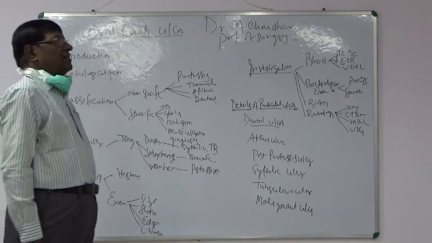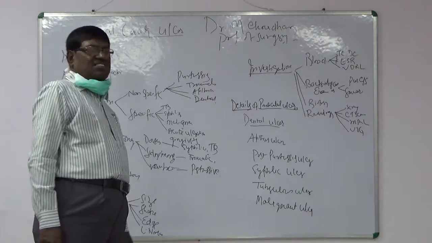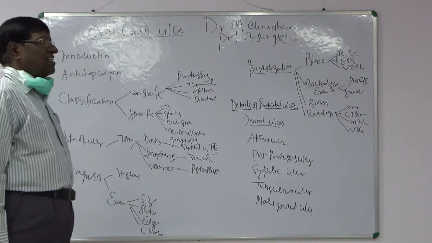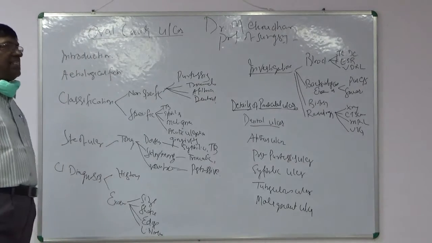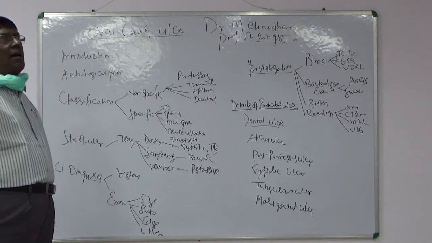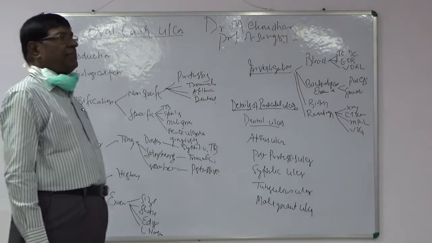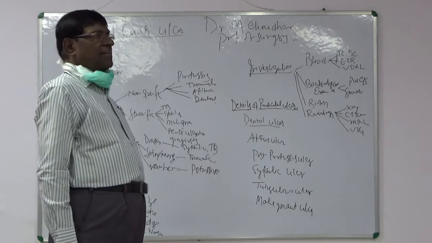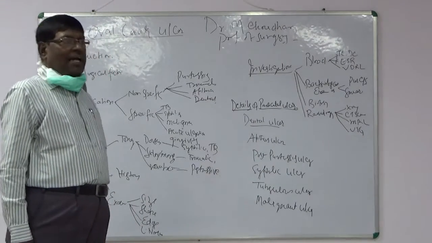Leukoplakia is a pre-malignant condition of the carcinomatous ulcer, and carcinomatous ulcer is mostly common in a person who is a chain smoker, who is an alcoholic, and who eats very spicy food.